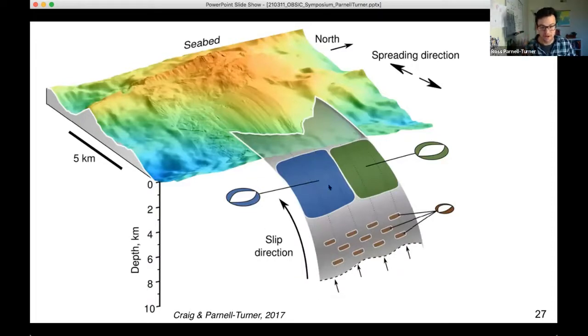This kind of rinky-dink cartoon shows we might have microearthquakes going on in the deeper portion of these faults, which is what we observe with our OBS experiments. And then the shallow portion of the fault, which is dipping at angles of say 40 to 50 degrees, builds up strain and stress, which is released by these larger teleseismically detected events on much longer timescales.